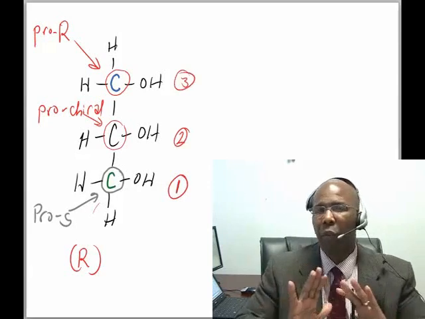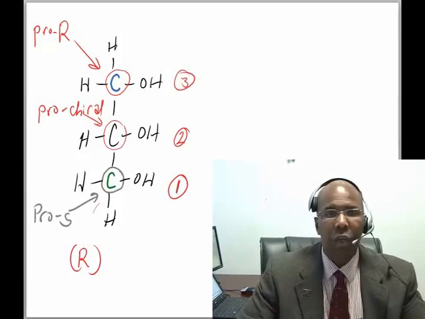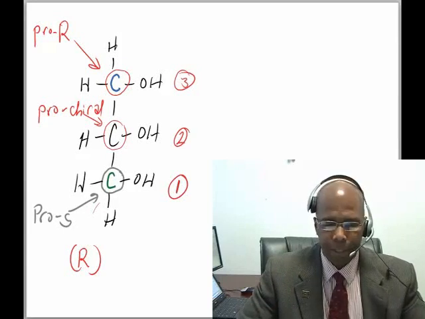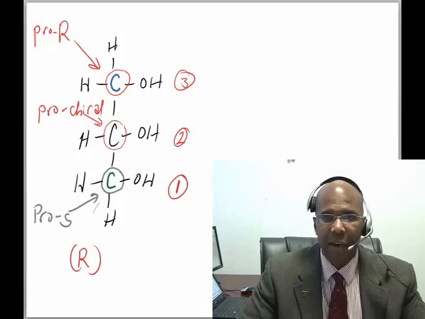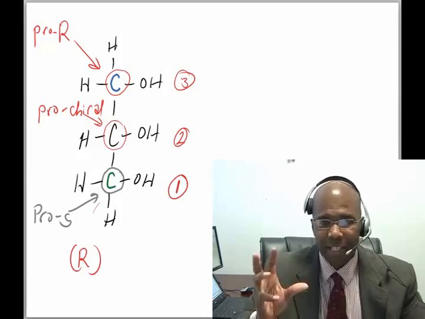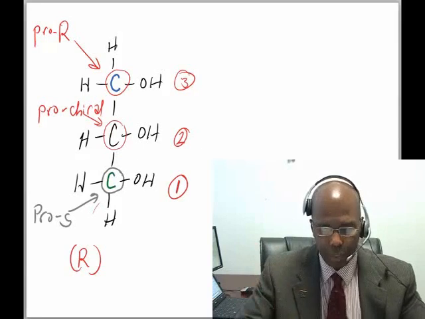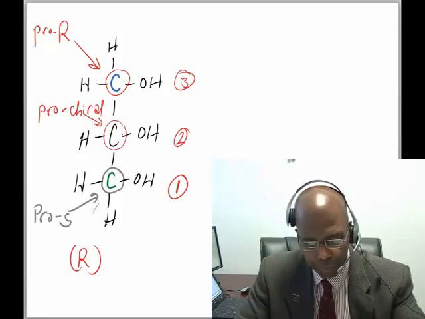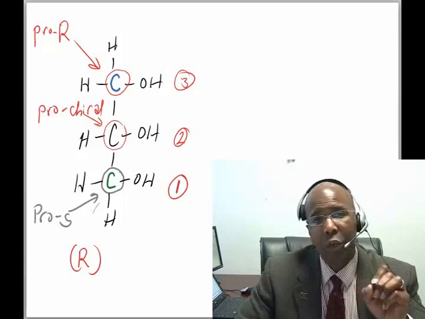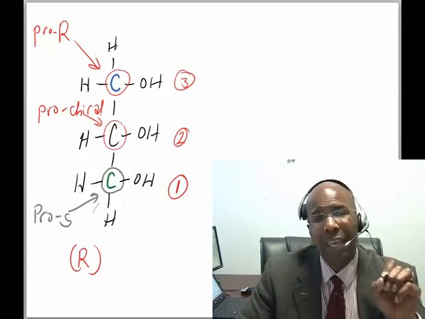And so even before we make any substitutions, the carbons in glycerol, which is achiral, have a specific numbering. This type of numbering of glycerol is based on stereochemistry.